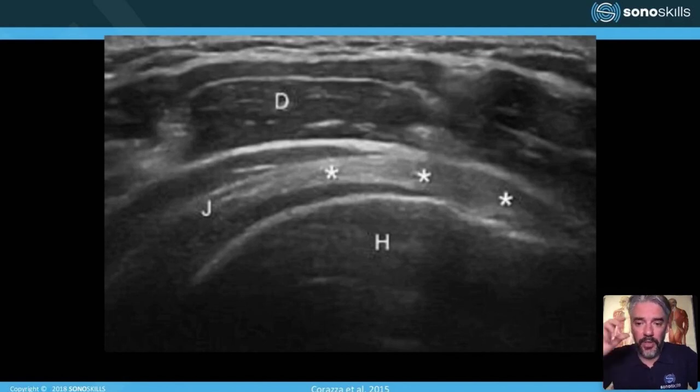And when doing this, you need to change the settings, go deeper, lower your frequency. This is the first time in a whole shoulder joint that you need to lower your frequency. So please don't forget, and don't keep on scanning everything with superficial settings.